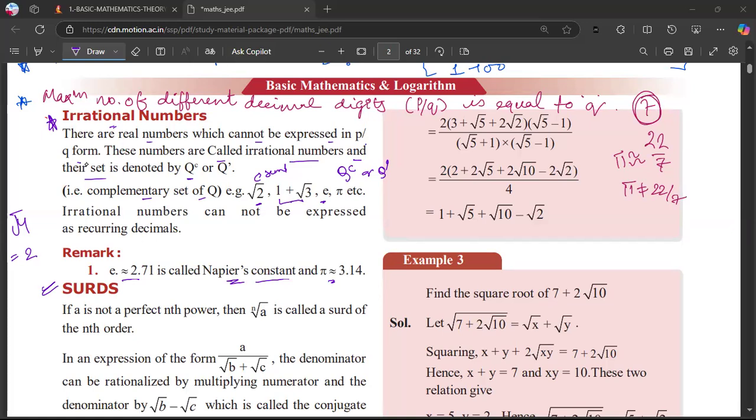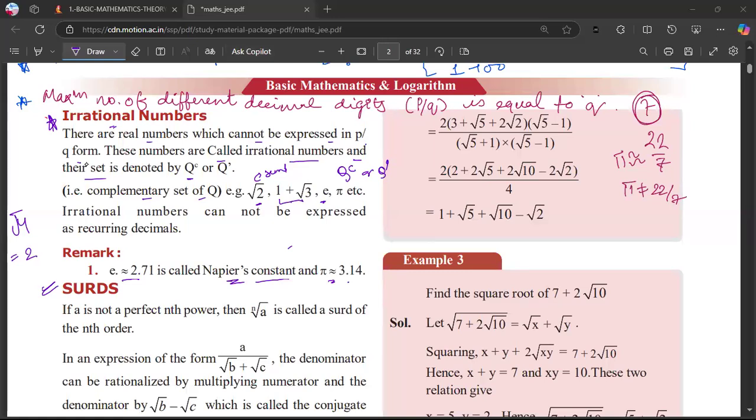Okay, so these are irrational numbers. Napier's constant, pi, also is an irrational number, and any number which is having a square root and which is not solvable is also an irrational number. Correct? Any doubts? No, sir.